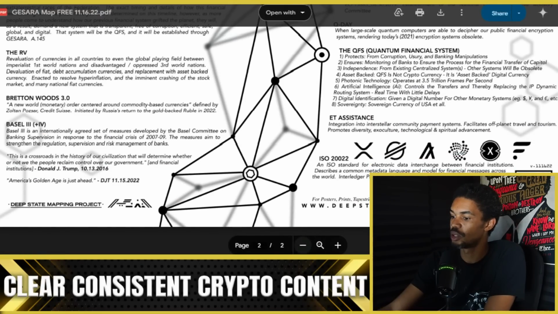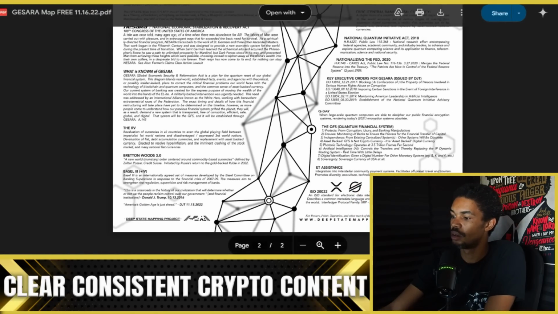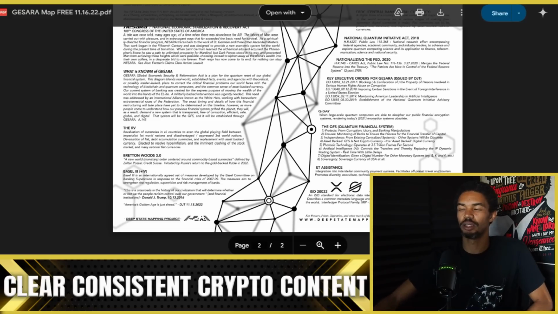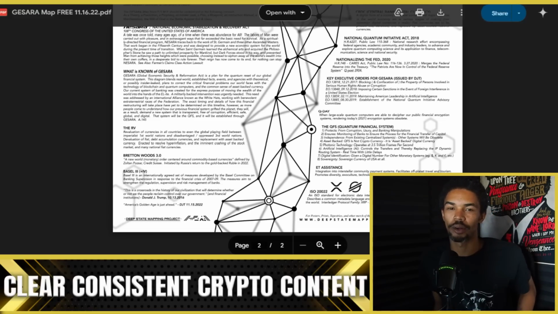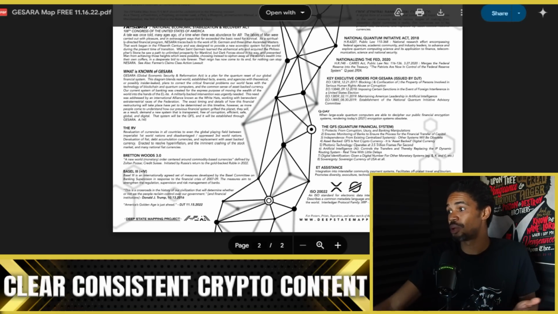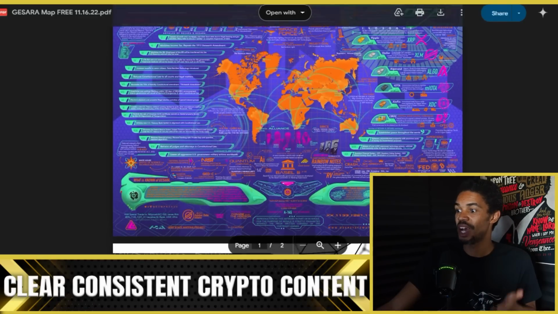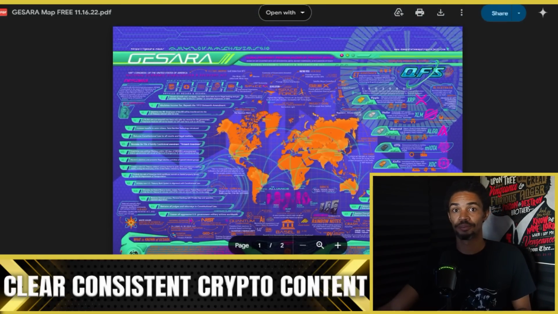Now, this document was created in 2022. Flare had only launched 12 months prior. How in the heck did this individual know that Flare was going to be a crucial component to the future of this system, to this quantum financial system? All the more reason why this is the most compelling document I have ever come across in crypto.